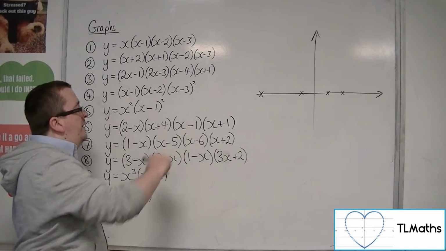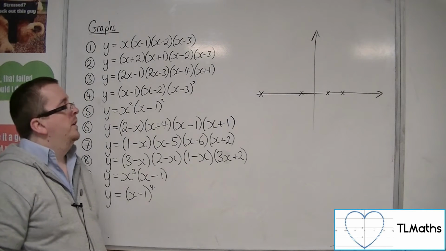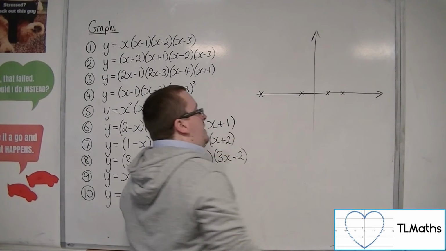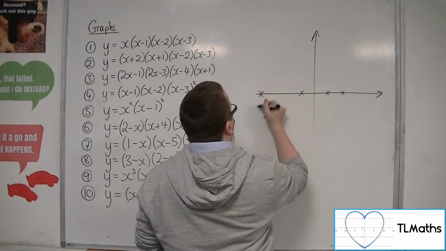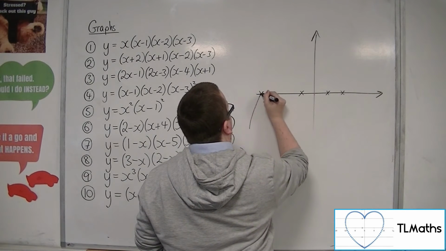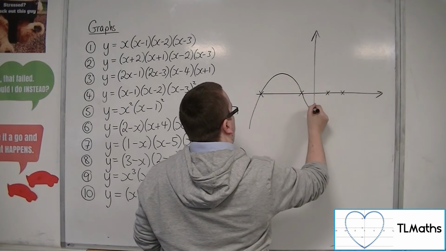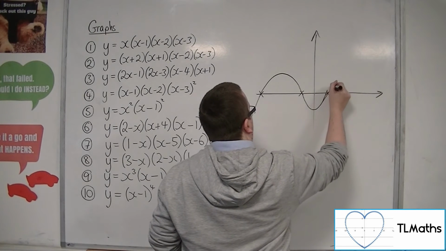Now, if I expand these brackets out, I'm going to get a minus x to the 4. So I must be starting in the bottom left and ending in the bottom right. So I must be going through this point, through that one. Oh, missed that one. There we are.